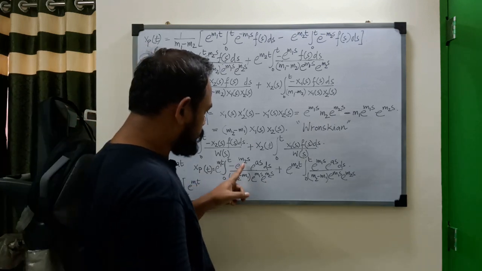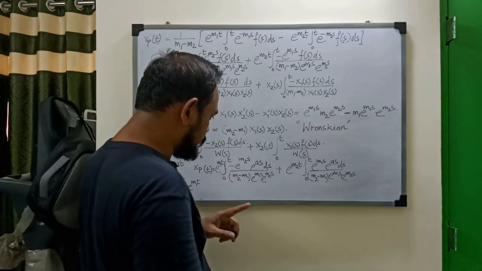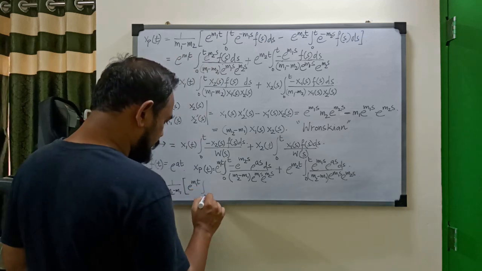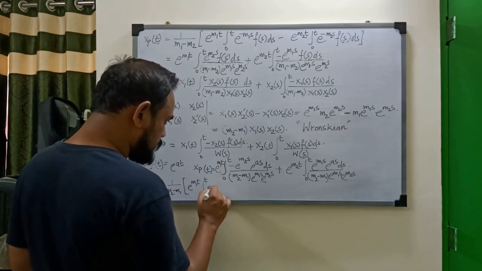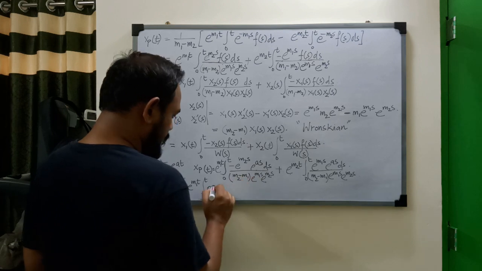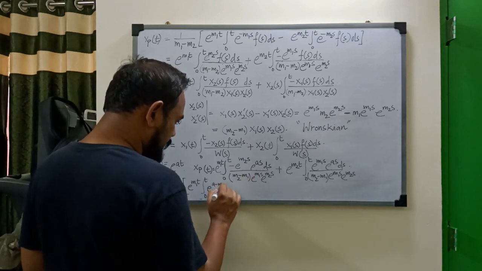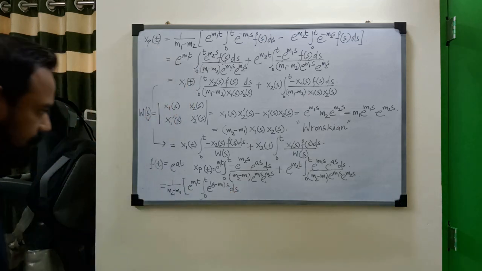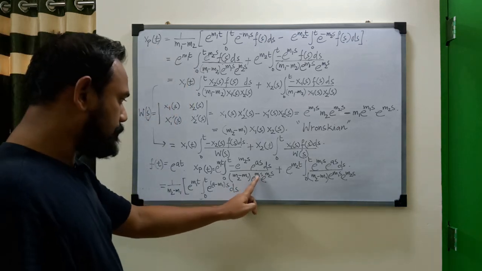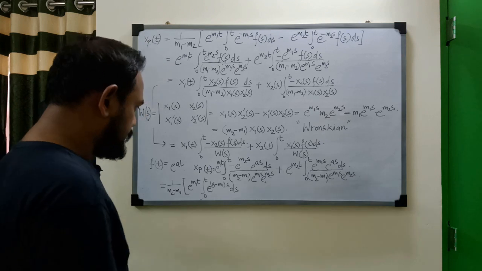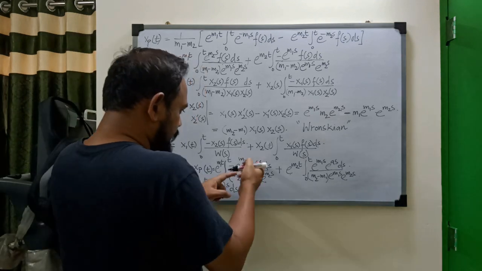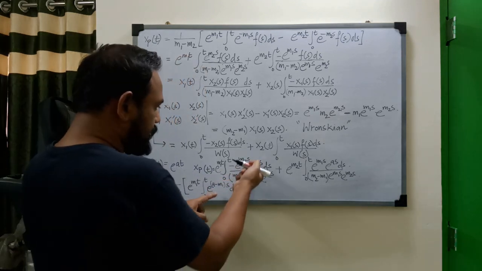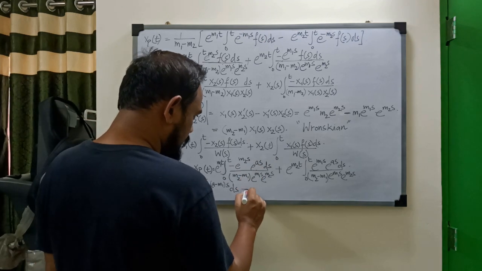This e to the power m2s and this e to the power m2s have cancelled. So you are left with, in the integration 0 to t, e to the a minus m1 s ds. Is that correct? There's an e to the m1s in the denominator, and so that gets a minus m1 when you add it to this index.